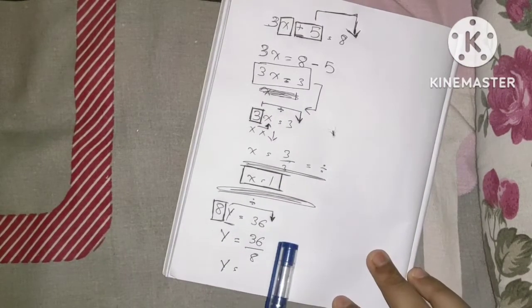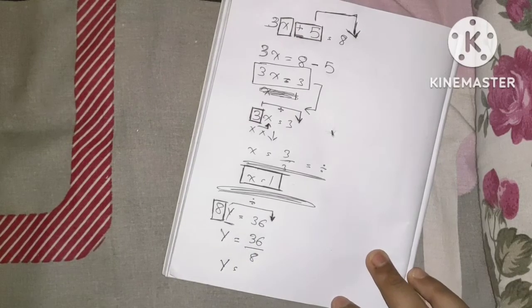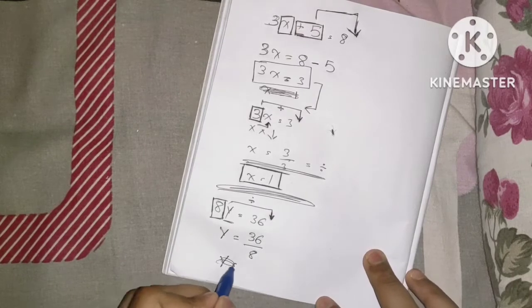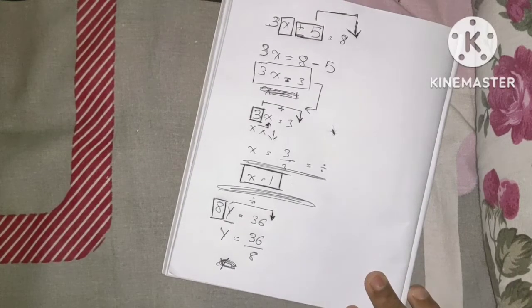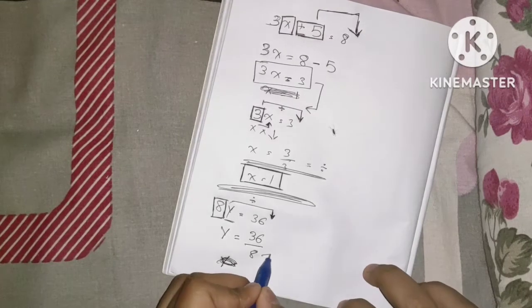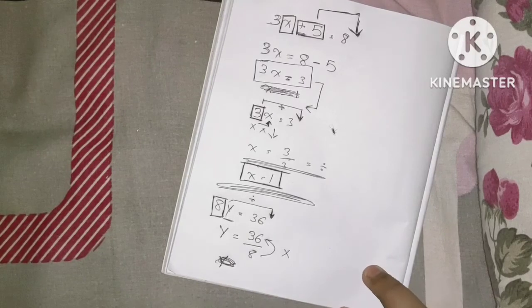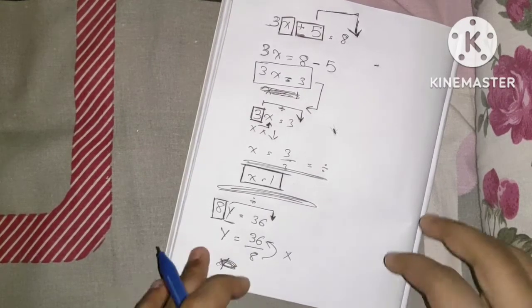actually there's a mistake. I mean, there's not a mistake, but you can say that, that is 36 by 8. You can stop the process right here. It's because if we try to divide 36 by 8, it is possible, but we'll get a decimal number, and we should get the number perfectly.